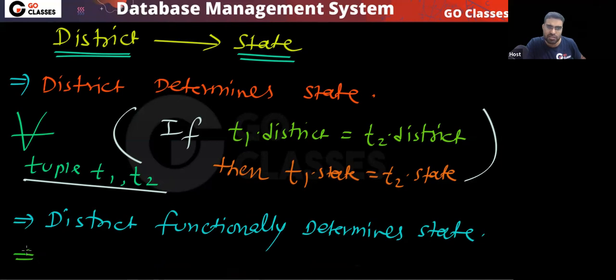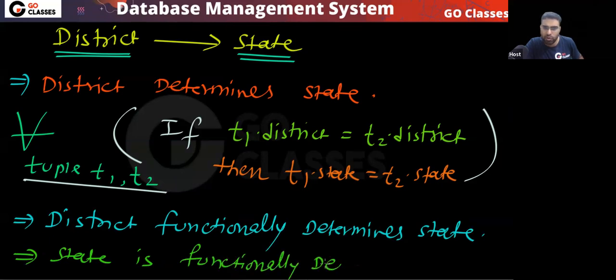I can say that district functionally determines state. You can see this is the idea. I can also say the same statement: state is functionally dependent on district. Is this understood? See, this is a very obvious and intuitive thing.